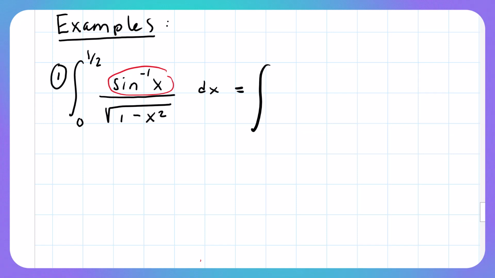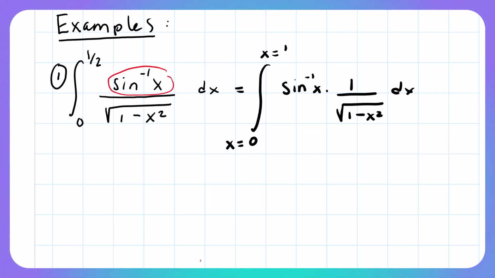This is the inverse sine of x times 1 over the square root of 1 minus x squared dx. And I'm going to go ahead and write that this is x equals 0 and x equals 1/2. We're going to be making some substitutions, so we want to remember what our bounds started as. They were in terms of x when we started. Those bounds are x values.